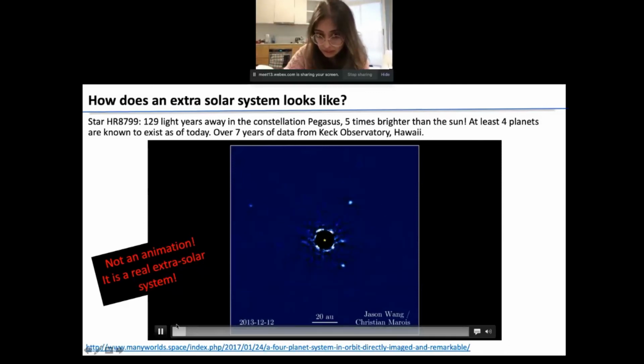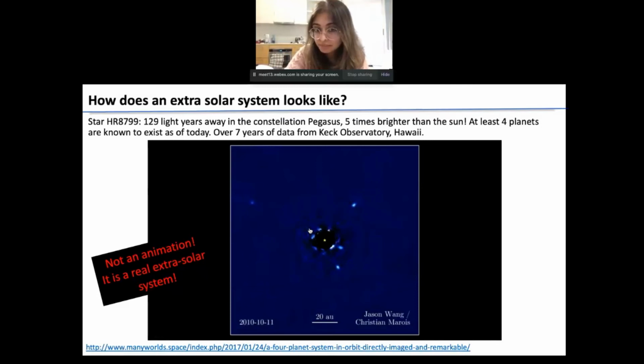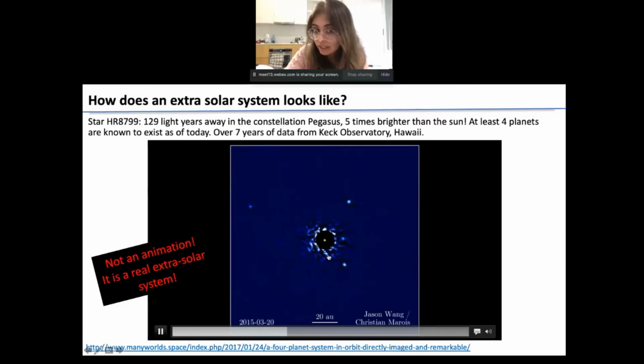Forget about the planet for a moment, but you see these evolving structures around the star. This is because of the atmosphere, because AO is not perfect, and we can't really do much better than this. This is a very famous system in our field, and you can ask me, well, why don't you go to space?